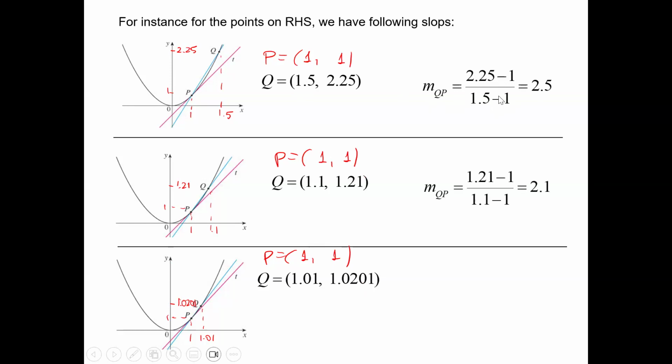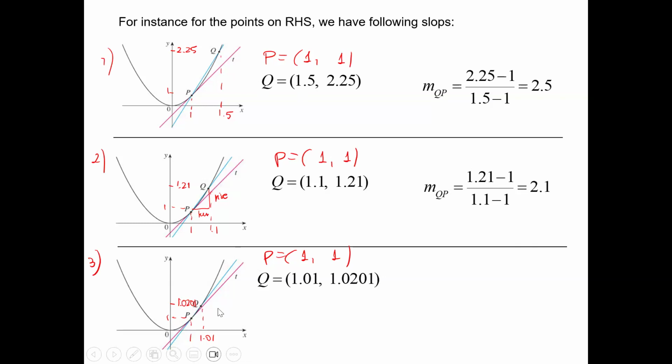Now another point. We can see the rise over run. I'm just doing this for all of the cases. Then we compute the slope, it's 2.1.